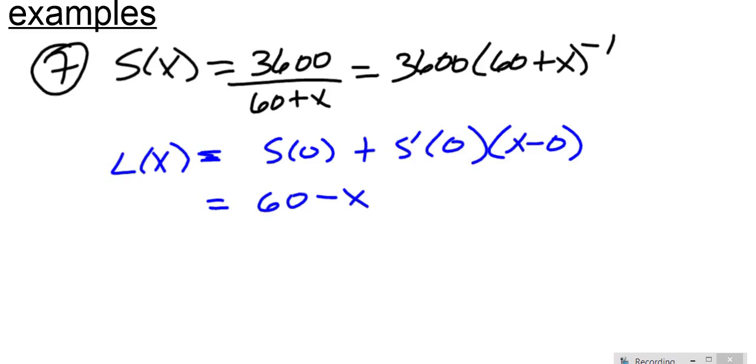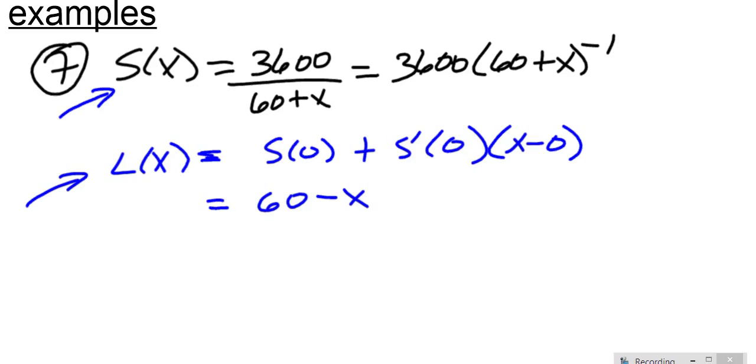But our problem number 7 now says, if you travel 1 mile in 59 seconds, what is your approximate average speed and what is your exact speed? So we're going to use this equation, s of x for exact, and approximate with L of x.